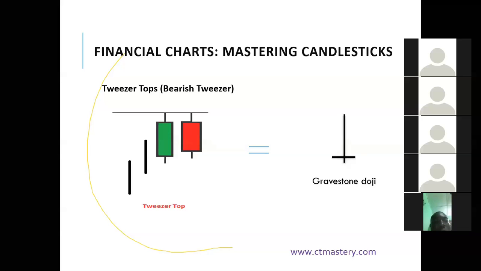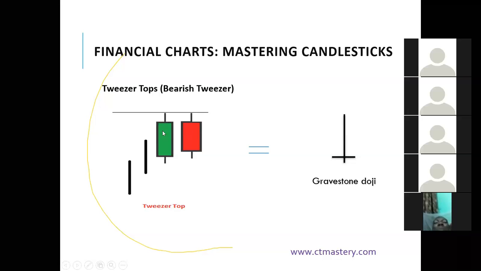If you look at the two candles forming the Tweezer top, and you combine these two candles, like I said when I talked about candlestick patterns and time frames, candlestick patterns are fractal. You can break them down into smaller sizes. So you can also join them into bigger sizes.